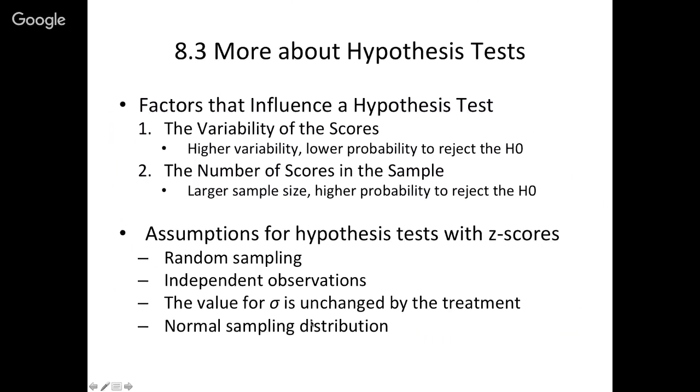And another important assumption is the sigma value, meaning the standard deviation of the population is unchanged by the treatment. So that's what we said, the treatment effect just adds a constant to each individual score.